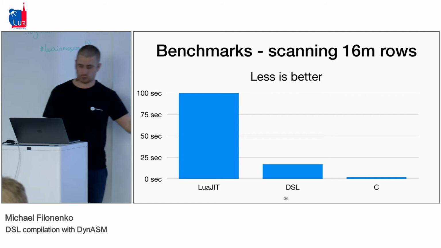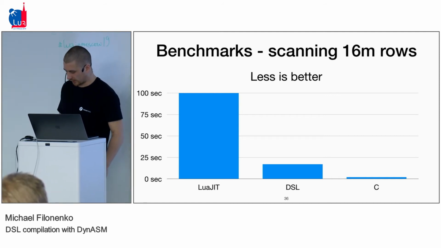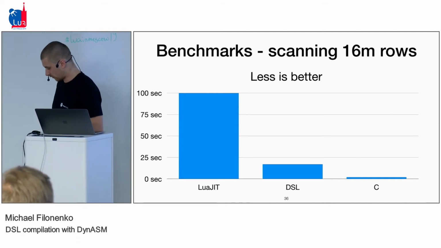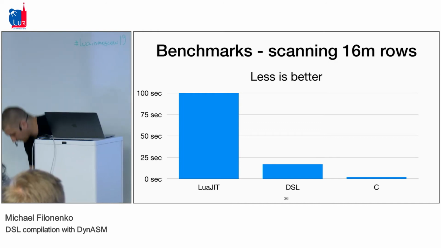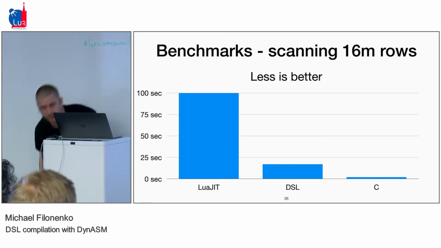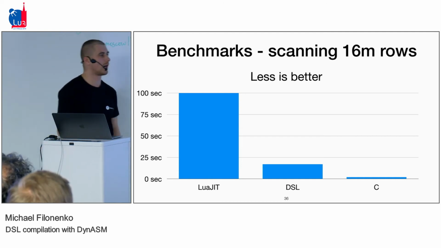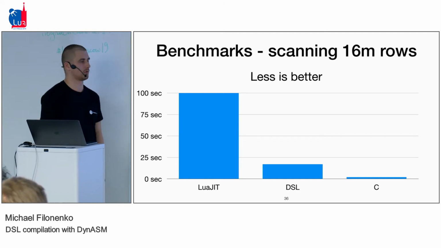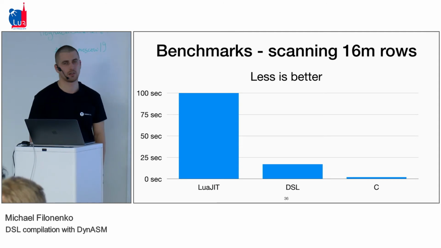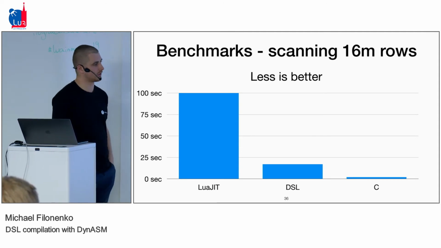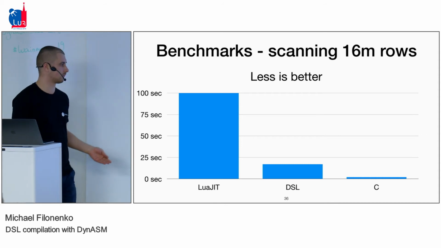C program is the fastest because you know so many optimizations are in modern C compilers, and it's not so easy to make compiler better now.